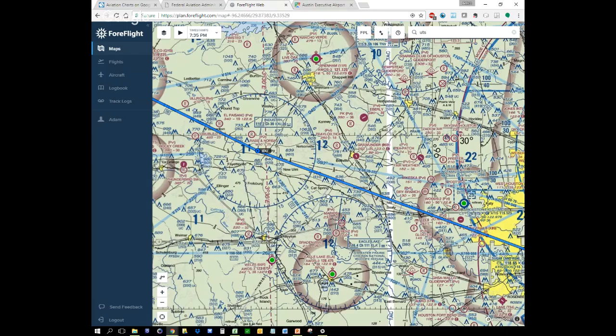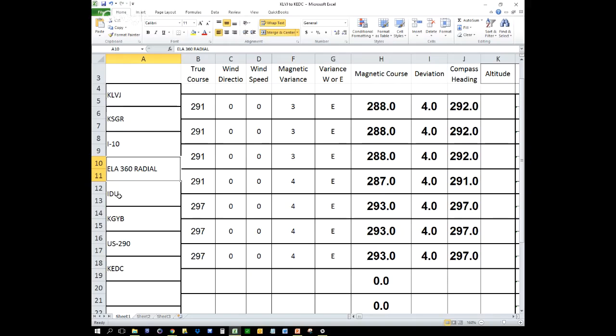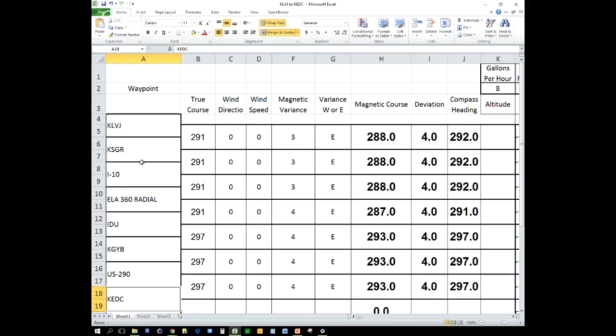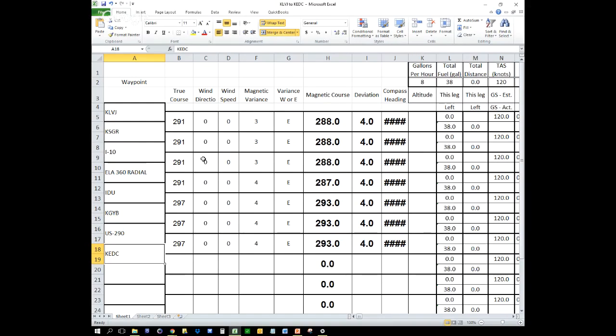So you can see I've picked a bunch of other waypoints to get to our airport. They're about 15, 20 nautical miles apart. And then we'll make up some numbers here. Let's say my wind is out of the south at 25 knots, and we'll just say it's constant the whole way there.